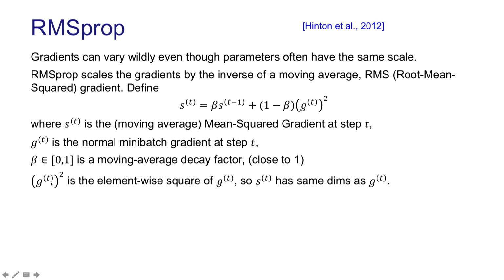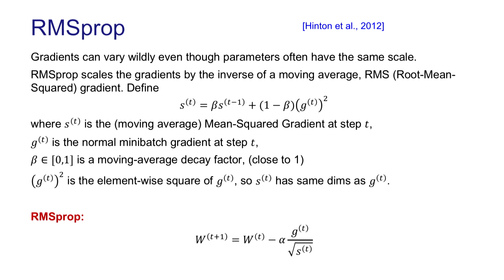The simplest way to define this is as the element-wise squared gradient. So S_t has the same dimension as the gradient. Is that clear? S is actually a vector, and when I write g_t squared, I mean take each coordinate of g and square it to make a vector of the same length.